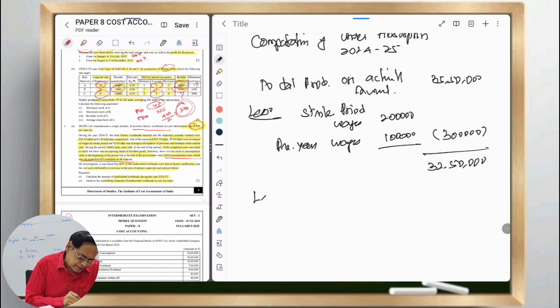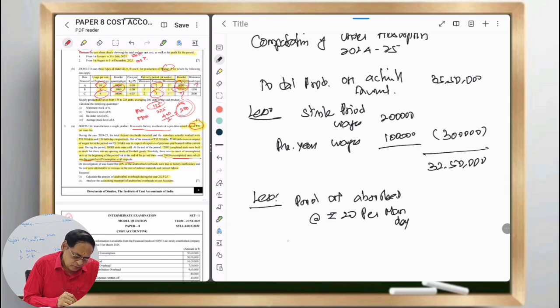So less, production overheads absorbed at rupees 20 per man day. How many man days? 1,50,000, in the question itself it is given, at the rate of rupees 20.